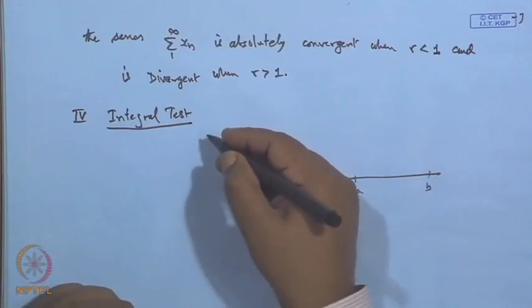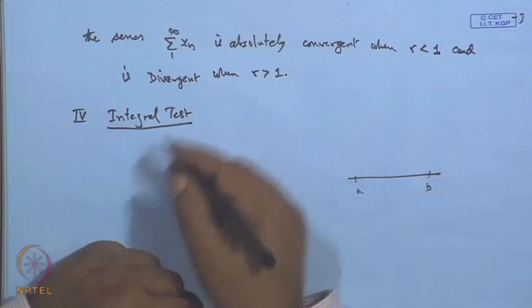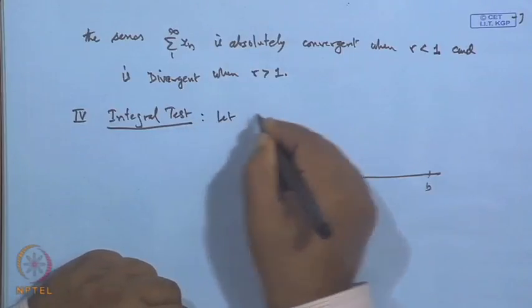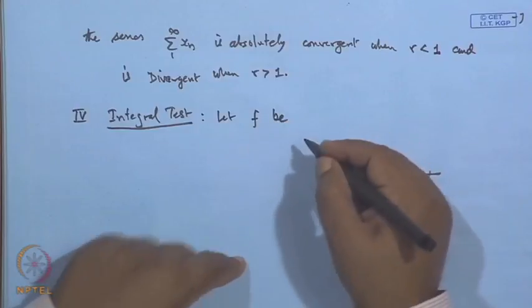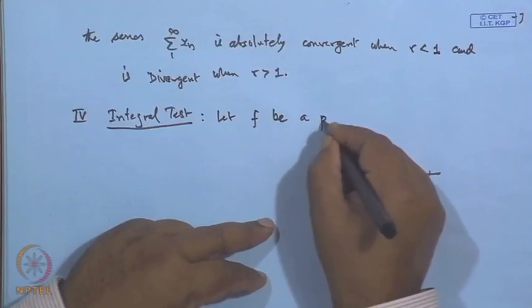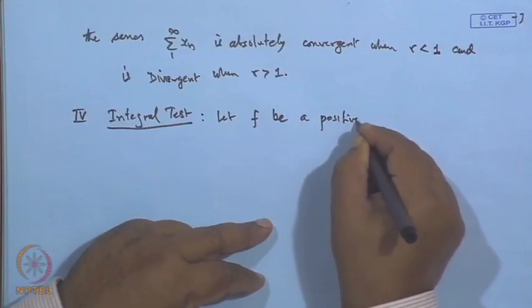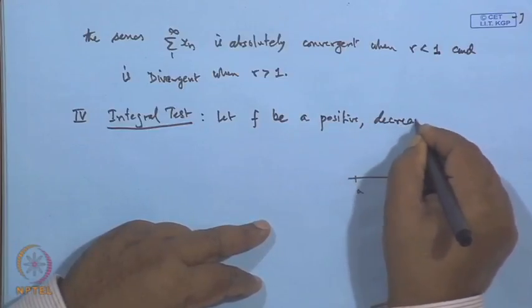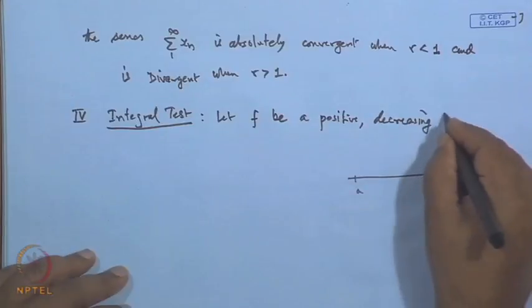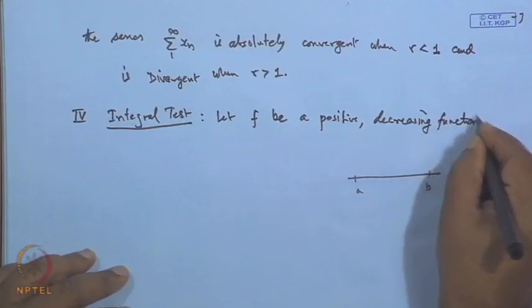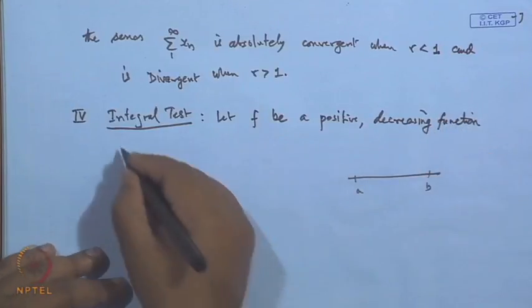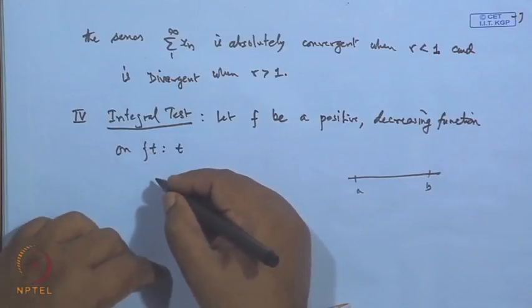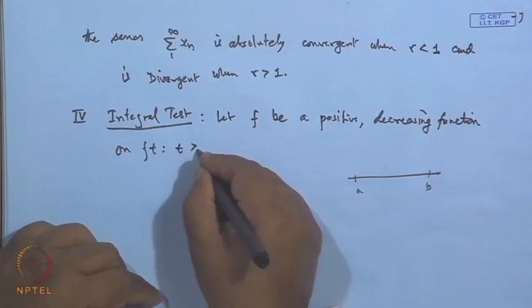Let f be a positive decreasing function on the set t, where t is greater than or equal to 1.